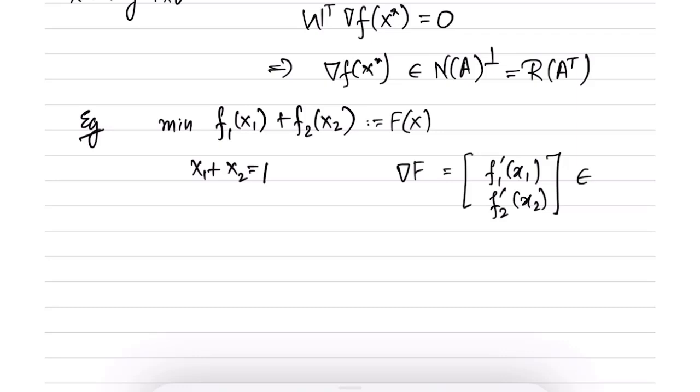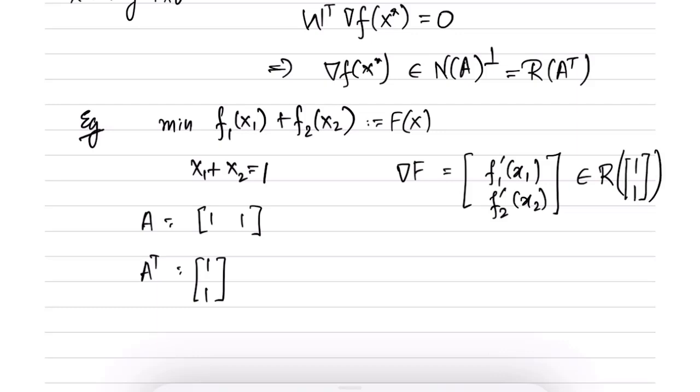Our requirement is that this should belong to the range space of A transpose. So A here is what? A here is [1, 1]. So A transpose is the column vector (1, 1). So this should belong to the range space of this column vector. Now what is the range space of the column vector (1, 1)? It would contain all vectors which have both entries the same.